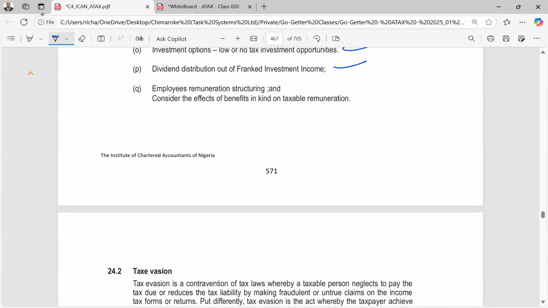So even people who are in employment, the expatriates and all that, they structure their activities in such a way that they are not resident in Nigeria for 183 days. So it means that for more than 6 months, they'll be away from Nigeria.